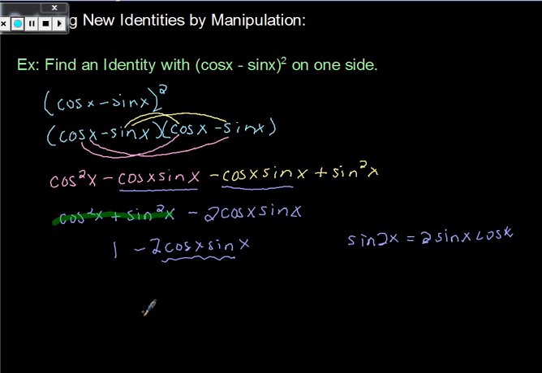So again, we're just going to go through and replace, and instead of now writing 1 minus 2 cosine of x sine of x, I'm going to be left with 1 minus sine of 2x. And that's going to be our final answer there.